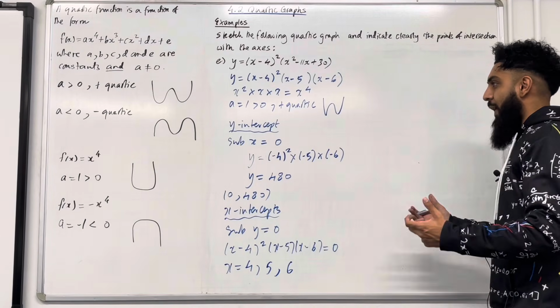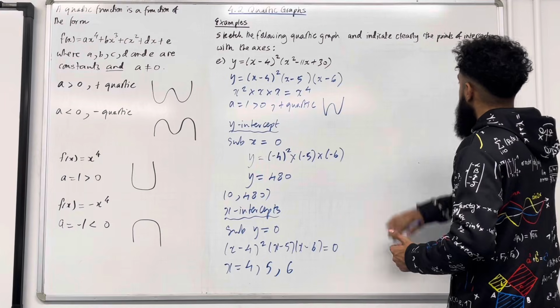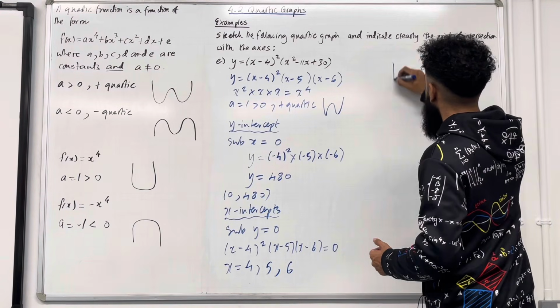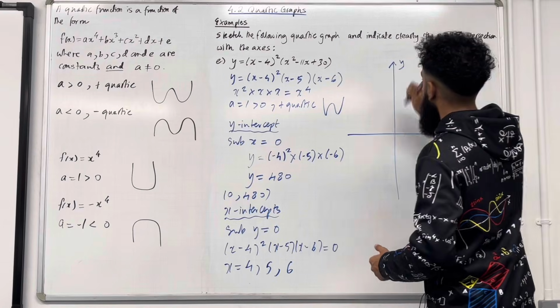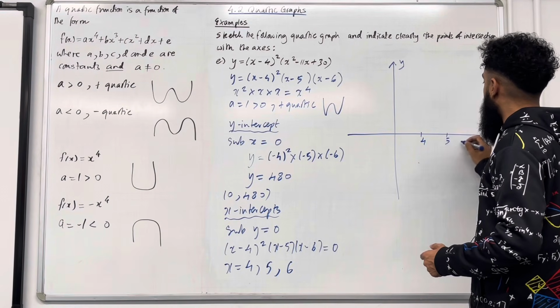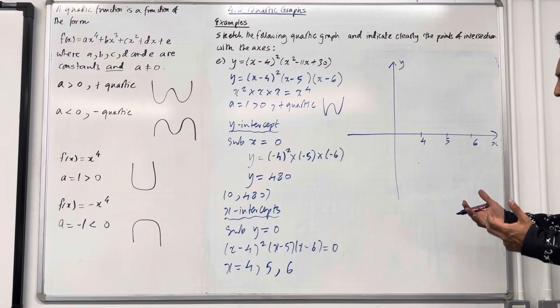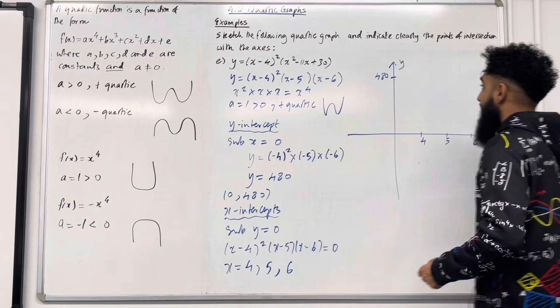Right, now onto the juicy part, the fun part, sketching the graph. So here's my coordinate axes. My x-intercepts are 4, 5, and 6, and my y-intercept is 480 roughly over here. It's a sketch, it's not accurate.